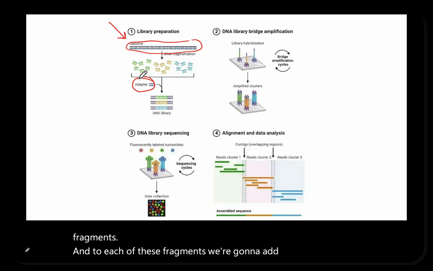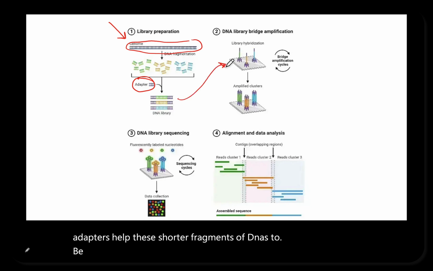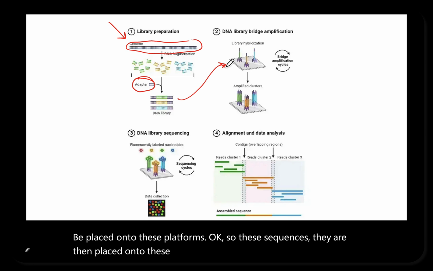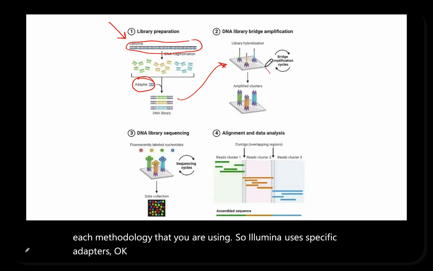Those adapters help these shorter fragments of DNA to be placed onto these platforms, okay? So these sequences are then placed onto these platforms, and the adapters are specific for each methodology that you are using. So Illumina uses specific adapters, okay, for their platform right here.